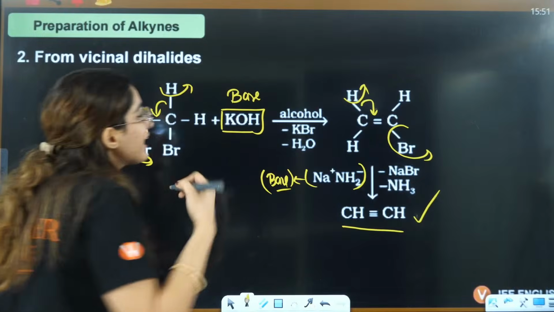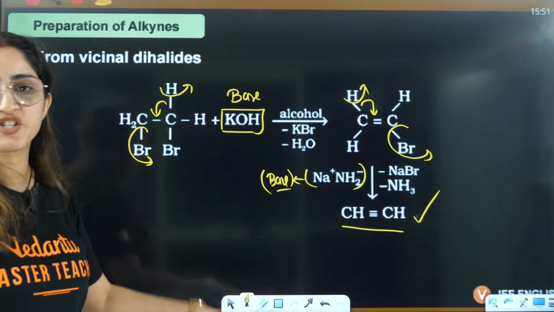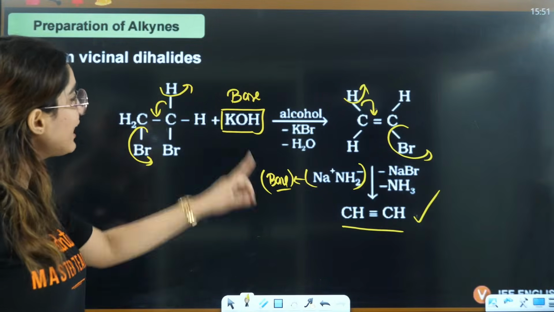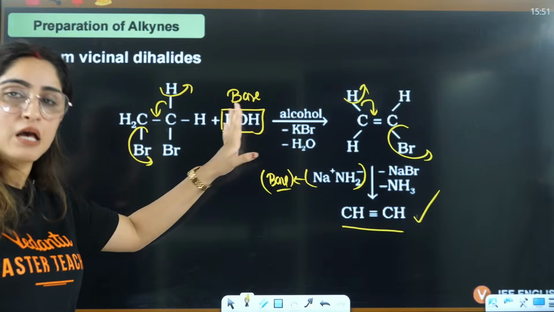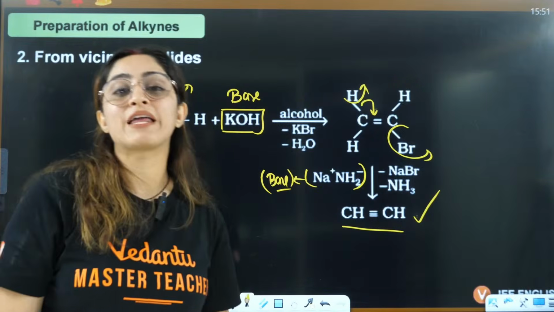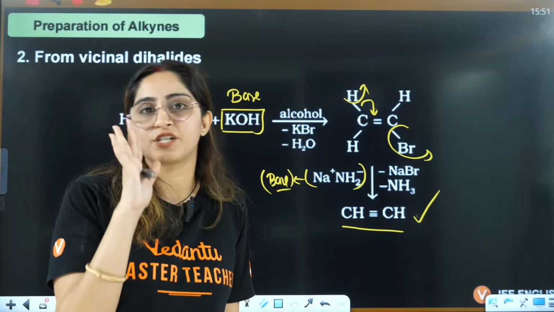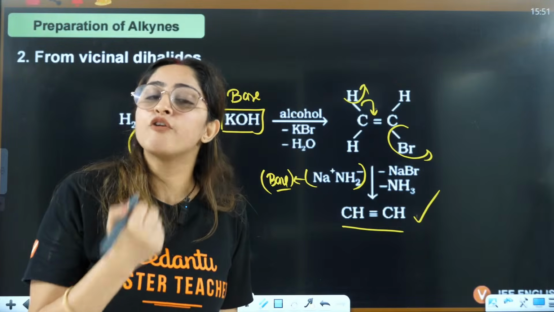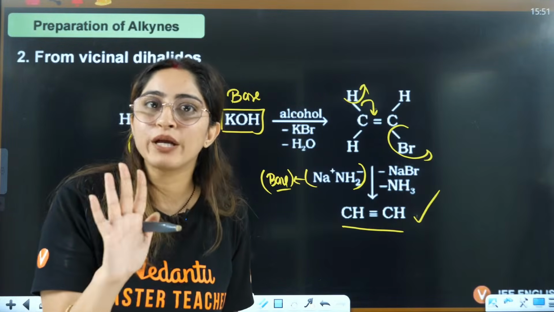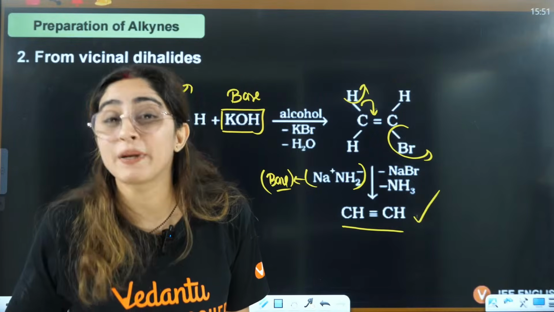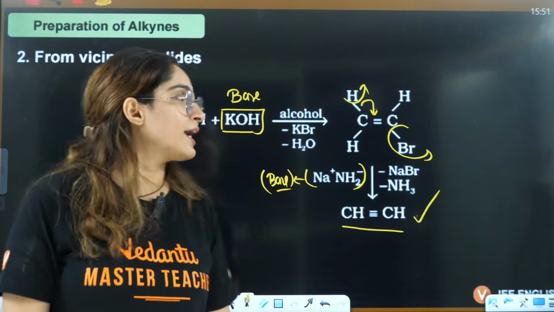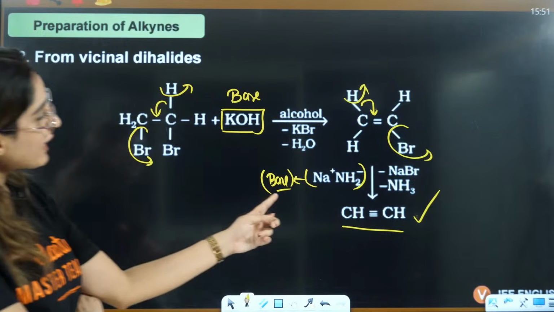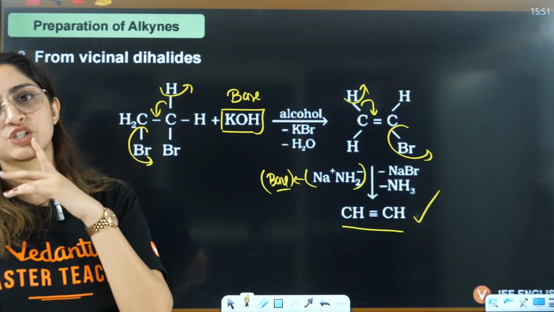But ma'am, why can't we use KOH in both steps? Why here do we have alcoholic KOH? Alcoholic KOH is a very good dehydrohalogenation reagent. It eliminates hydrogen and halogen from beta positions. That we know, we have done it in preparation of alkenes as well. But then why here do we have to use NaNH2?